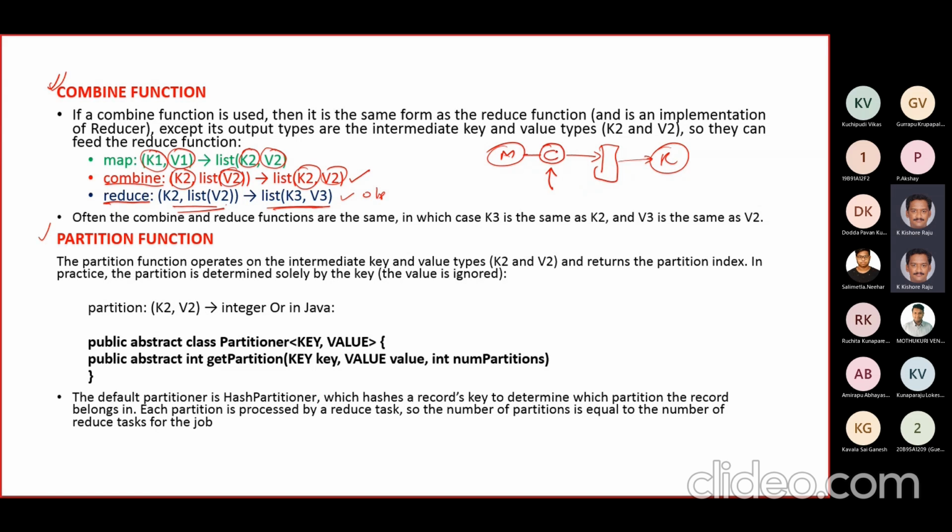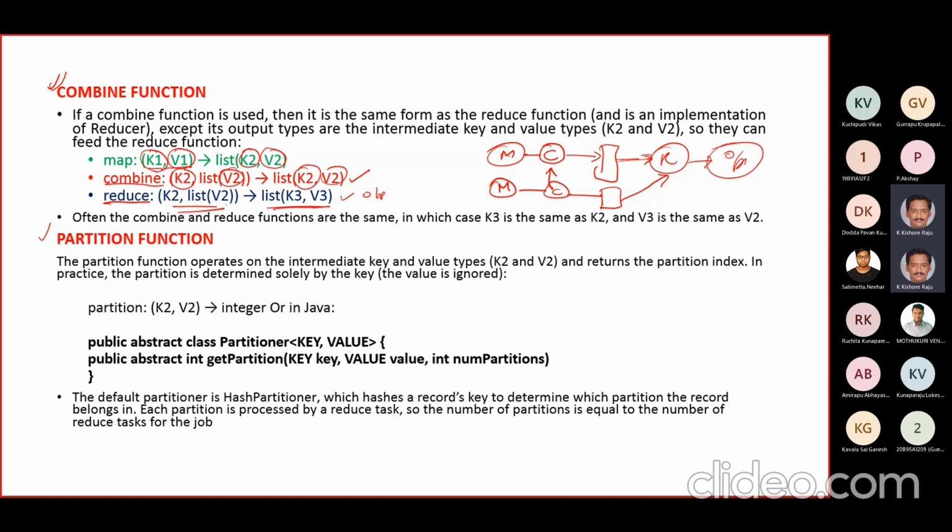Every mapper has its own combiner, and it generates the intermediate output. That output is supplied to the reducer, and the ultimate output will be stored. So that is all about the combiner function.